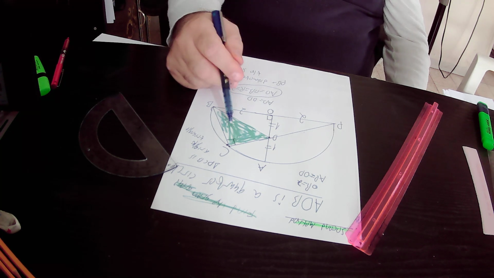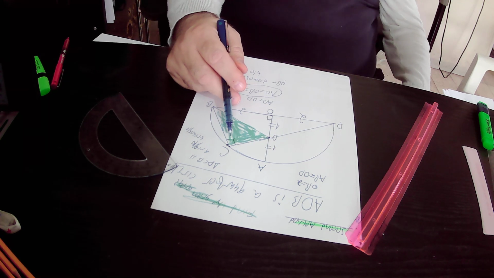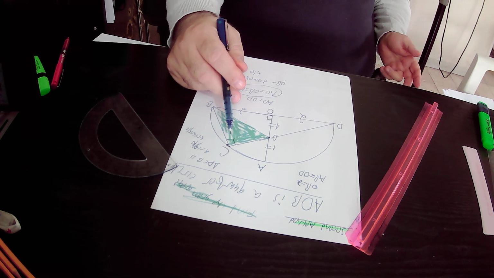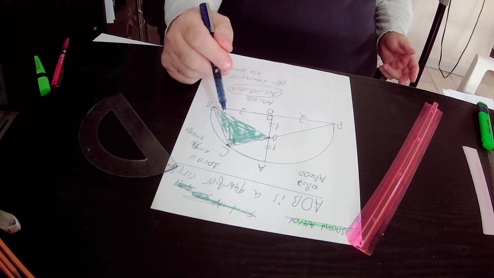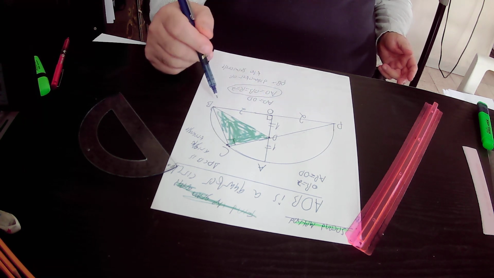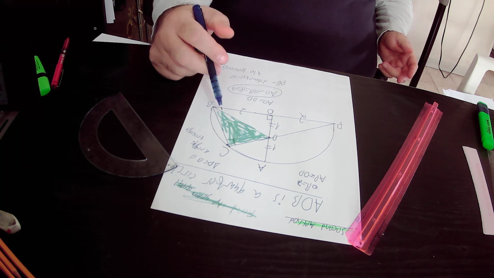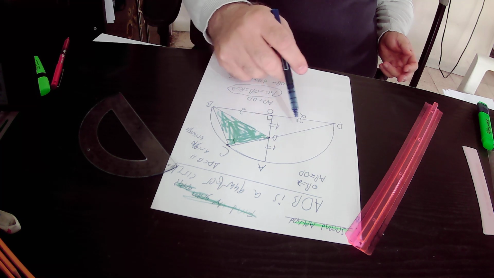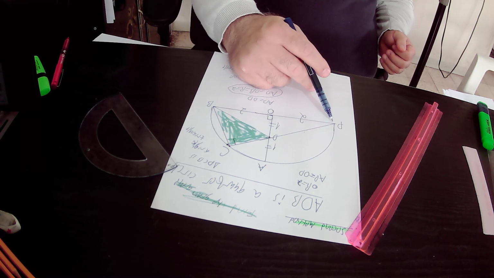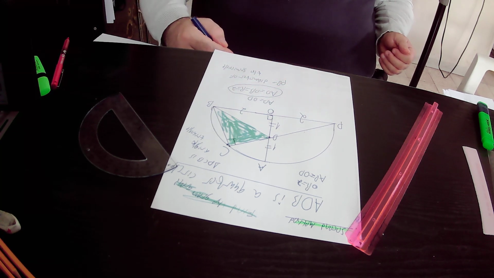Because this peripheral angle is a right angle, it must rest on PB, the diameter of the semicircle. Therefore the extended side CD must pass through point P. Okay?